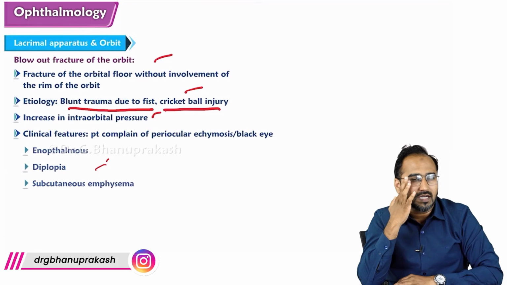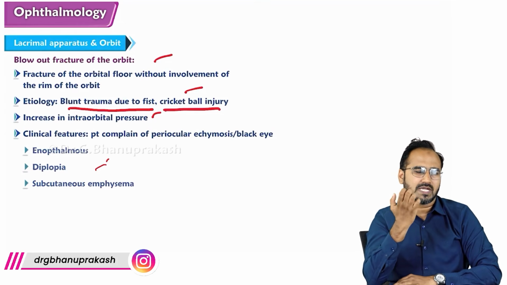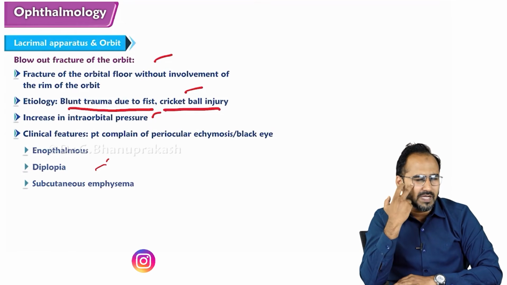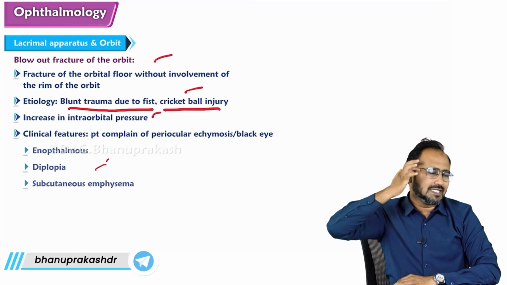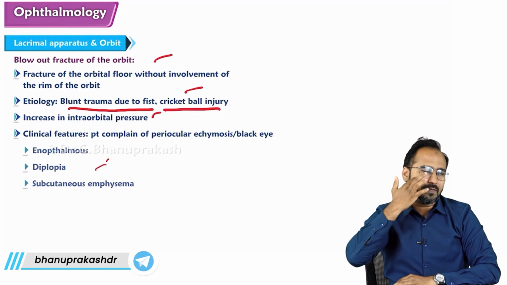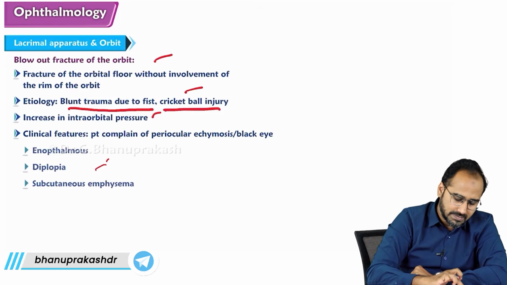Due to this edema and all, the eye moves a bit inside. This boxer will also have enophthalmos. He complains of diplopia and you will see there is swelling near the subcutaneous tissue over here. That is called as subcutaneous emphysema, right?